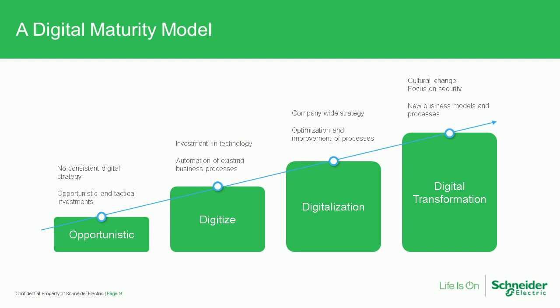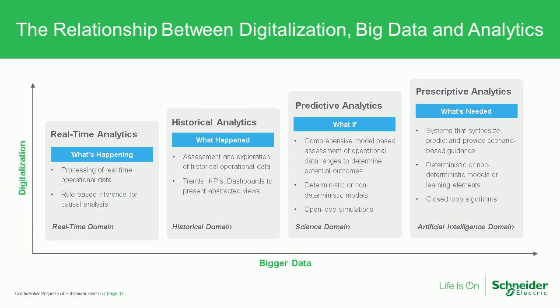There's no consistent strategy. It's very opportunistic. As a company matures, they start to develop more of a company-wide strategy. And when they get to the digital transformation stage, it really is a cultural thing driven down into the business and targeted as business goals, not just at operational improvements.